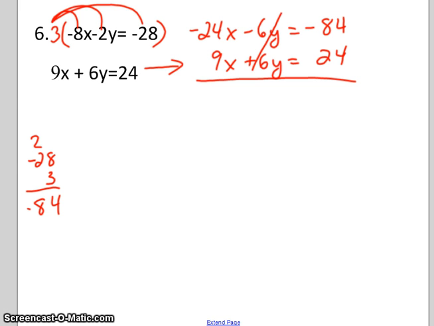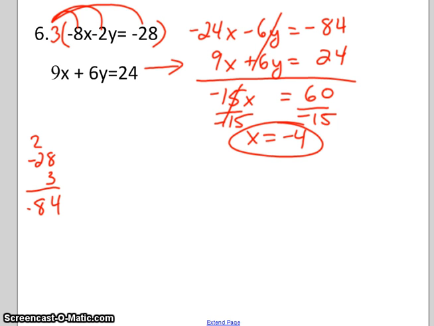Add straight down, these eliminate. Negative 24 plus 9 is negative 15x equals 60. Might need a calculator for this problem. Okay, x equals negative 4.